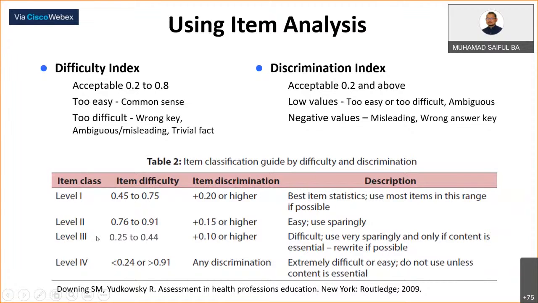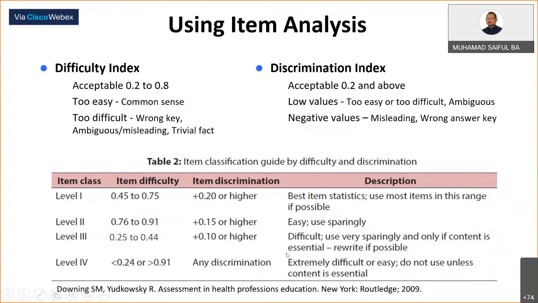Level 3 and level 4 are something that we try not to put in our bank, and usually we like to look at the question again, and maybe revision is required, in the condition that item difficulty is 0.25 to 0.44 and discrimination index is about plus 0.010 or higher.